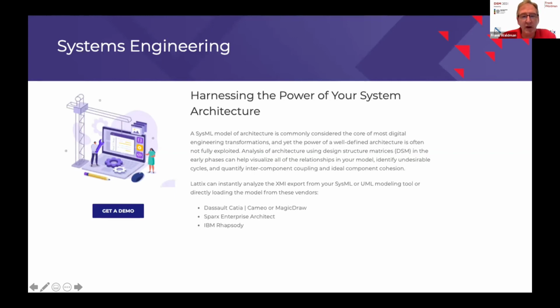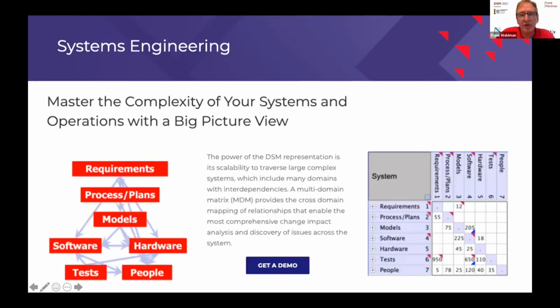And you can see the flow of the model quite well. You can traverse a system with 20,000 elements, for example. And so that has led to the complexity view of the entire system. And so we've encouraged our customers, especially those in systems engineering, to look at a multi-domain DSM approach where they're capturing everything.